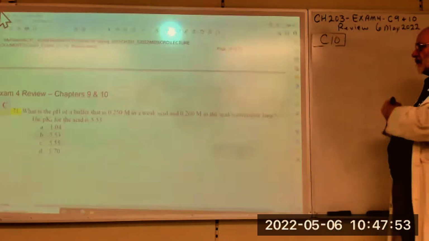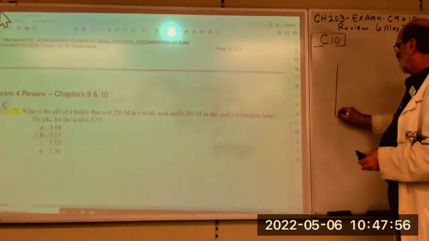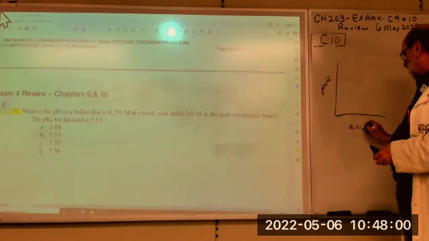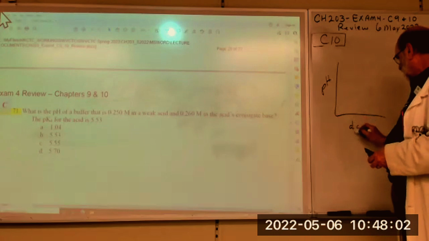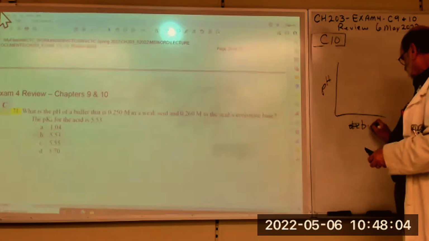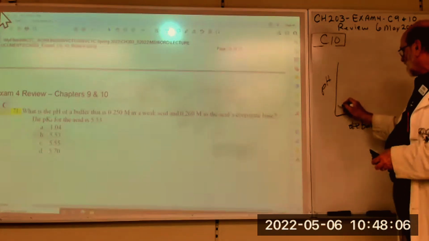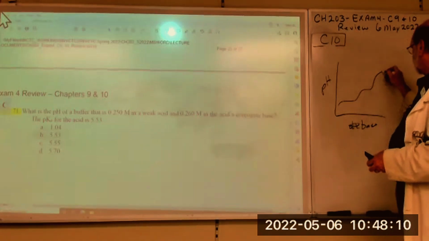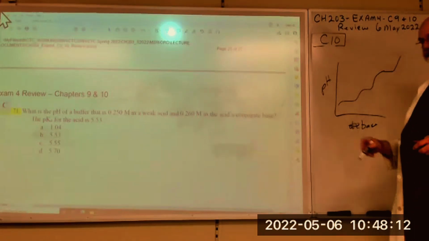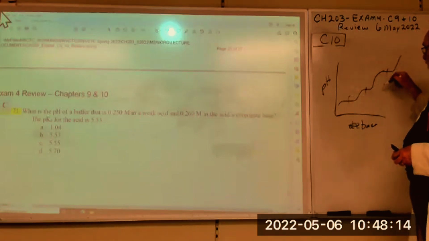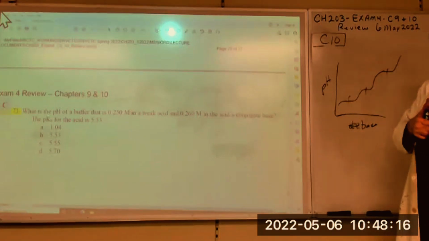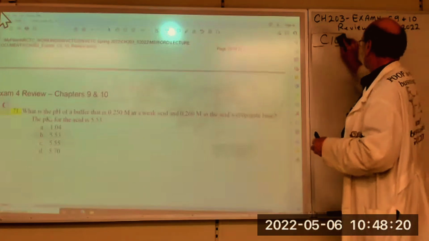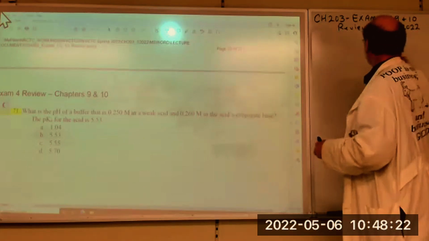Because when you titrate phosphoric acid, there's pH, and here's added base. You're going to get something like this. See, 1, 2, 3, there. So you're going to get 1 there, 1 there, 1 there for each of the protons. Okay, we are finished.